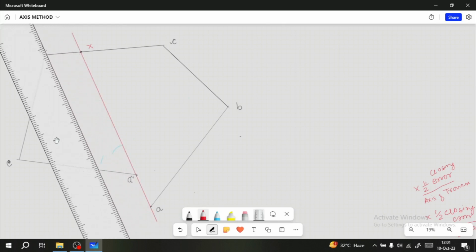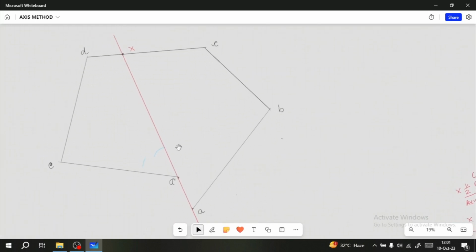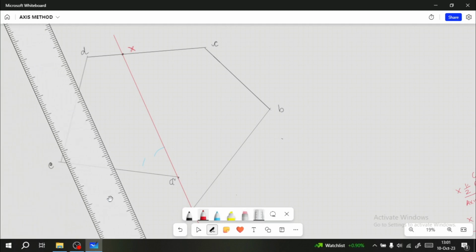Now this line will intersect our traverse at a point, and we will call it X. I have already written it here, and this is the X point. Now the second step is to divide this line into two equal parts.